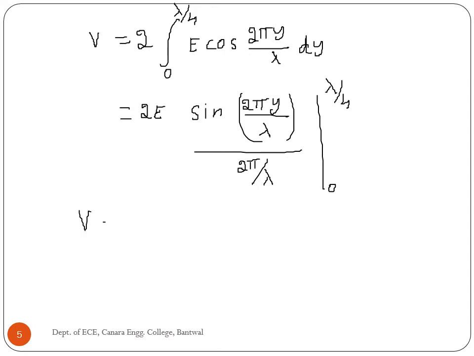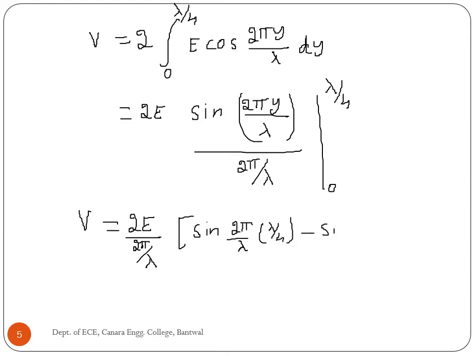Therefore, induced voltage V is equal to 2E divided by 2 pi by lambda times sin of 2 pi by lambda into lambda by 4 minus sin 0. So V is equal to 2E into lambda by 2 pi, which is equal to E lambda by pi.